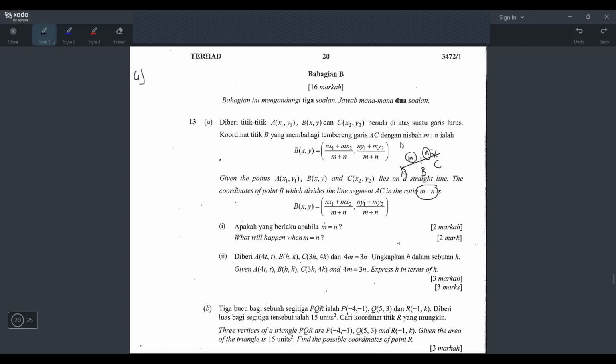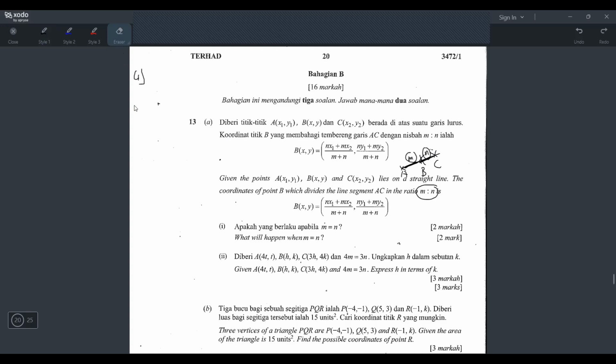If they have the same ratio, it means the distance here and the distance here will be the same. So what does it mean? It means point B will be the midpoint, right? Because if they have the same ratio, they have the same distance. So point B will be the midpoint.